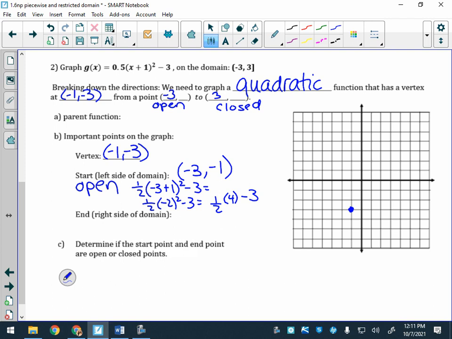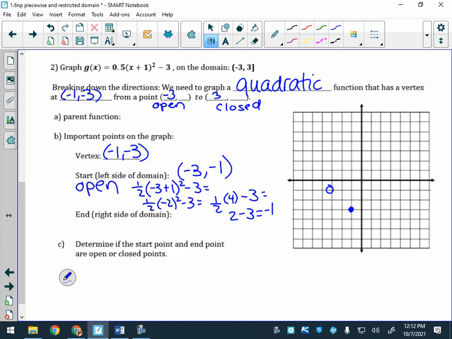Okay, 1/2 times 4 is 2, minus 3. That's how you get the -1. So you have -3, -1 as your vertex.